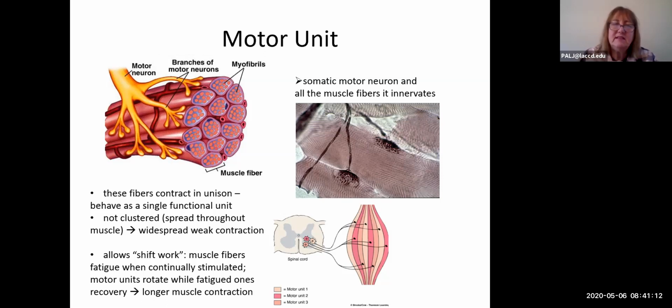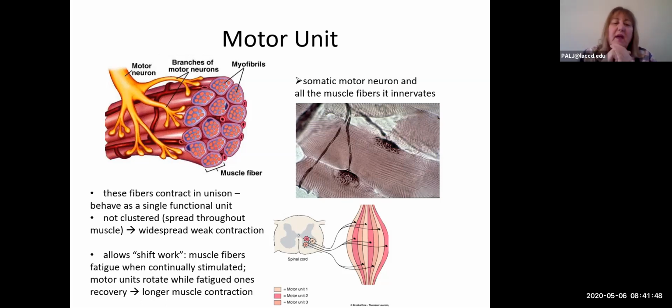So what happens is, all of these are in the same muscle, but all of these motor units are not contracting at the exact same time. So they're doing what I like to call shift work. Okay, we got a day shift, an evening shift, a night shift. Well, it's not 8-hour shifts. But what happens is, say for instance, motor unit 1 is going to contract those 3 muscles, and meanwhile the other 2 are resting, and then motor unit 2 is going to come in while those are contracting, and it's going to relax, and then maybe 3 will come in while 2 is still contracting and 1 is still relaxing.